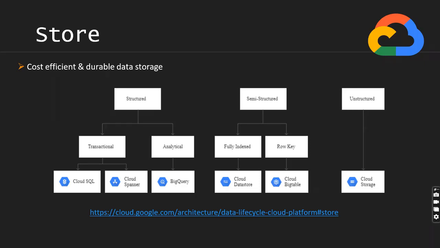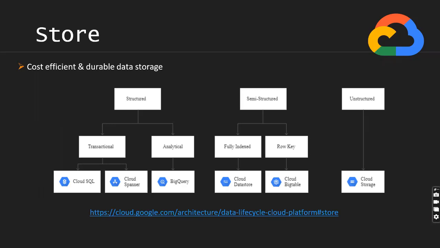So, fully indexed, row key: Cloud Datastore, how it works, Cloud Bigtable. Right now we are running big data pipelines only. It's a pipeline where you are going to run data engineering end to end. So we need to understand Cloud Datastore and Cloud Bigtable for sure. That is the reason for fully indexed, row key indexed data. All those things will be discussed as part of individual references.